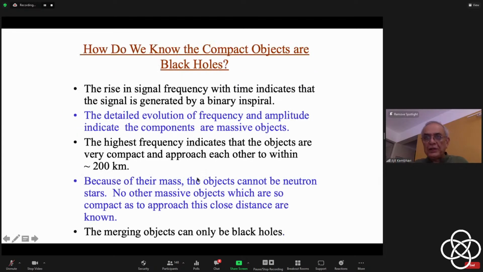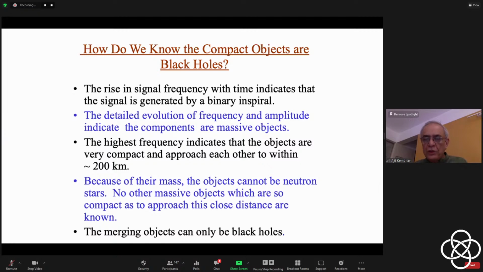And how do we know that these objects are black holes? You see, the point is that the highest frequency of rotation indicates that these objects must have moved closer to each other within 200 kilometers. Now, imagine two stars like the sun.